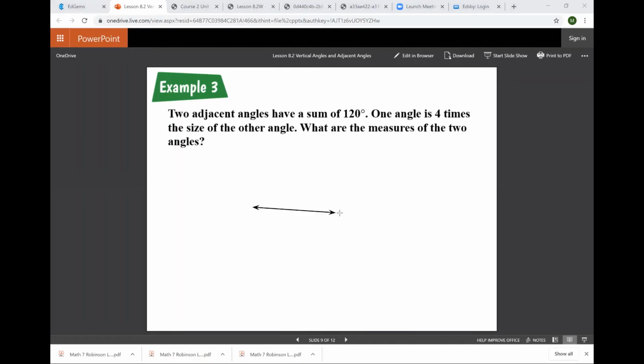So I need a straight line. And I really don't even need a straight line. What I need is undo. There we go.